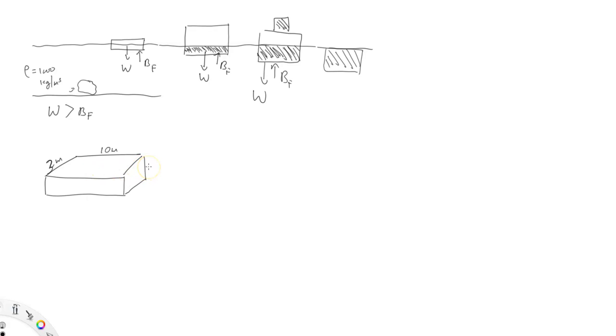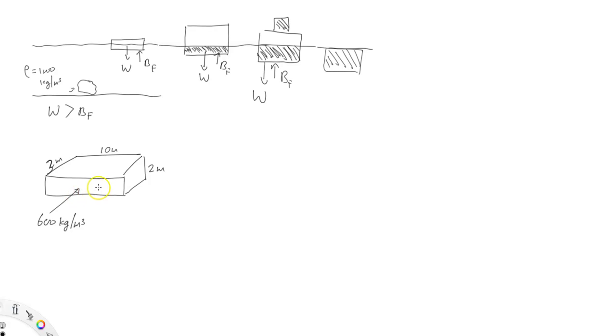Let's say this is made out of some very light wood, so the density of it is 600 kilograms per meter cubed. Now the question is, if you put it in water, where is the water level?